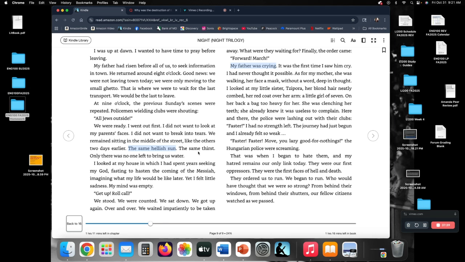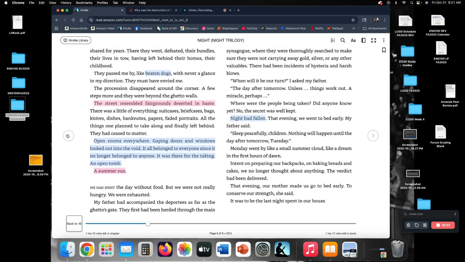That would be a really good paper to write about this book. You could find everything you need in chapter 1. So this oxymoron means putting two words side by side that mean complete opposites for literary effect. And that is what Wiesel has done here. So it really gives you a lot of meaning without having to say much. And we have hellish sun versus summer sun.